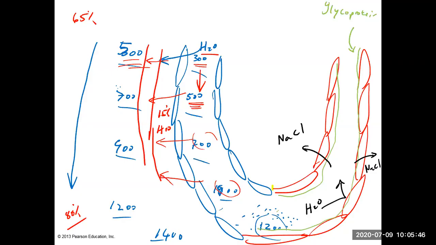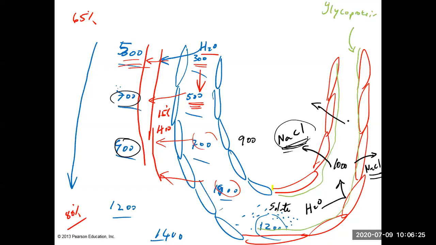Because of those pumps, now you're going to begin to see why outside of these tubes is higher, because this is solute. That's the reason why outside has a higher concentration compared to the inside. But if you take away the sodium chloride, the salt, which is a solute in this case, the numbers go the opposite way. So now you're at 1200, now you might be at 1000.